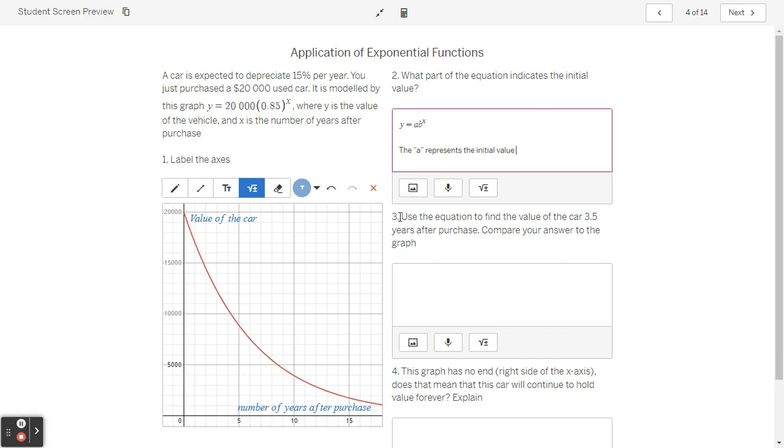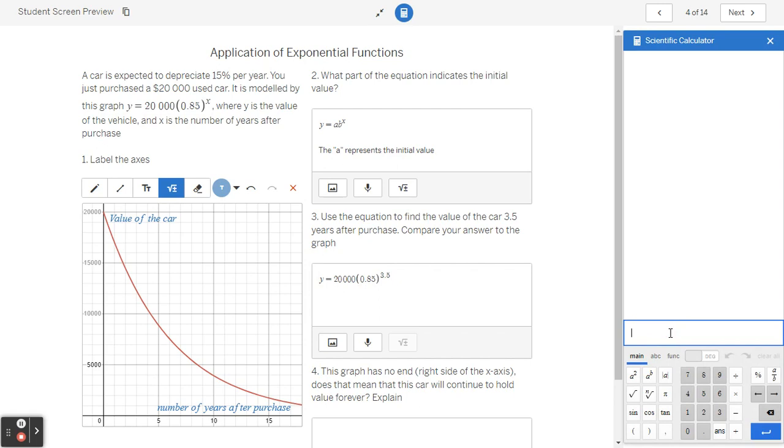Okay, next question. Use the equation to find the value of the car 3.5 years after purchase. Compare your answer to the graph. So let's substitute in x is equal to 3.5 into the equation. y is equal to 20,000 times 0.85 to the power of 3.5. Let's put this into our calculator.